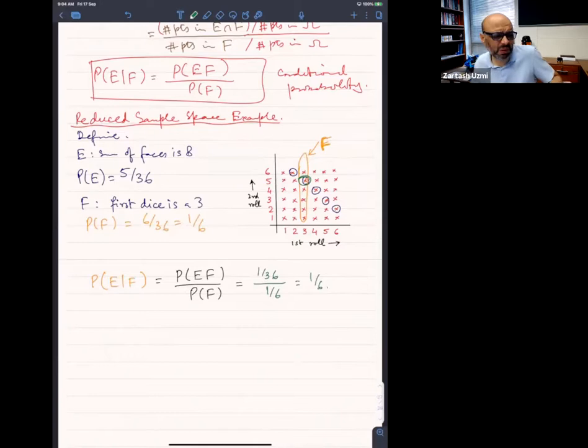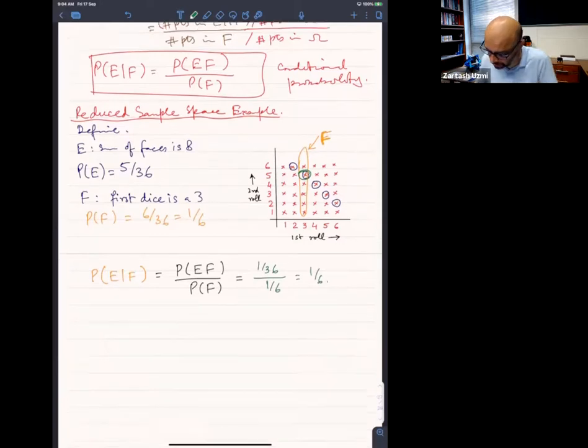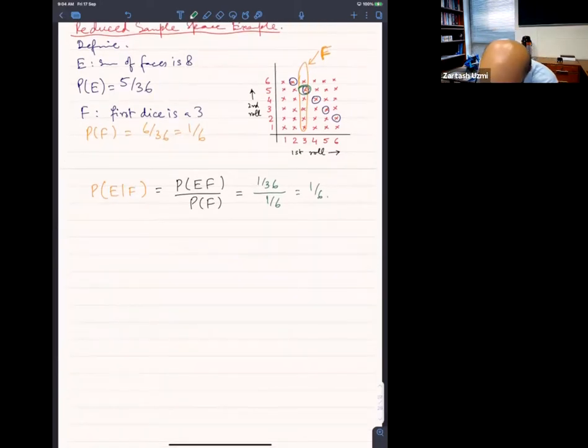लेकिन ये तो हमने वैसे कैलकुलेट कर दिया. ये रिड्यूस सैंपल स्पेस से नहीं कैलकुलेट हुआ. लेट मी ट्राई टू कैलकुलेट द सेम थिंग with reduced sample space. उसको कैलकुलेट करते हैं.